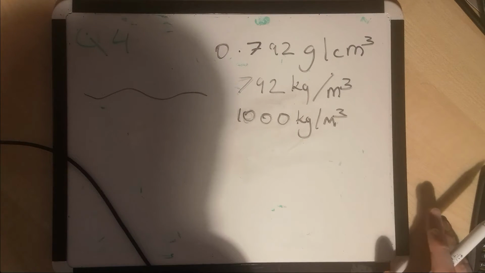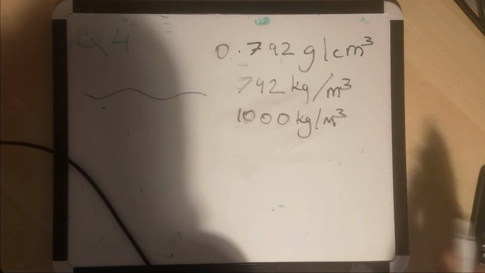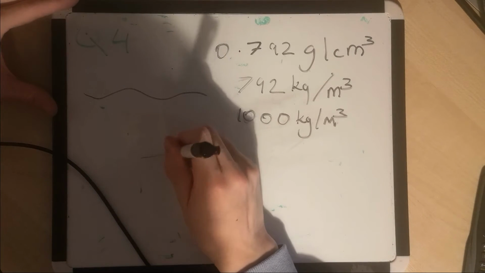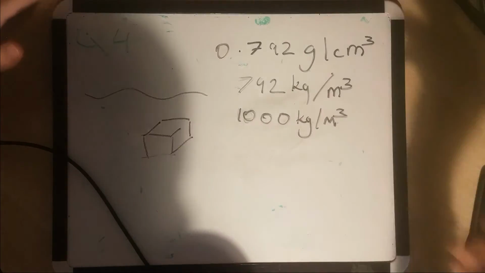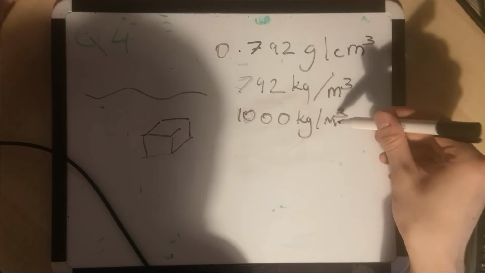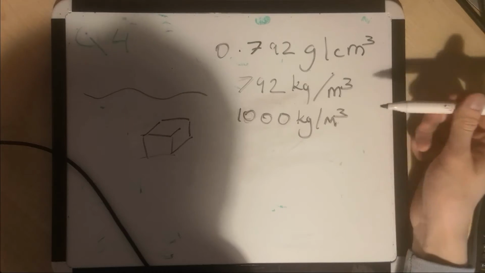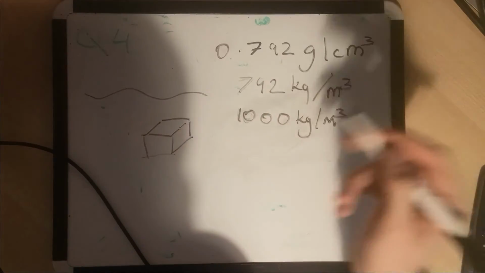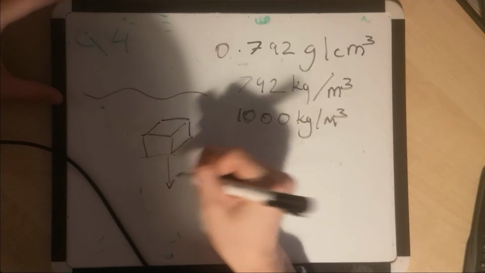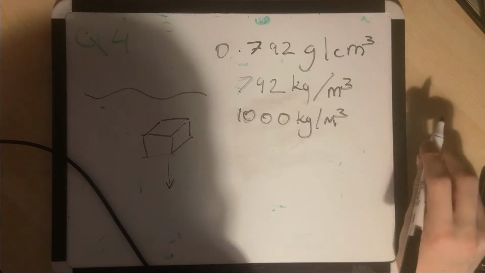What we're going to use for the volume is simply a cube of 1 meter by 1 meter by 1 meter. Why this? Because we already have our kilograms per meter cubed, so all our masses will work out perfectly. Now we need to work out the forces.